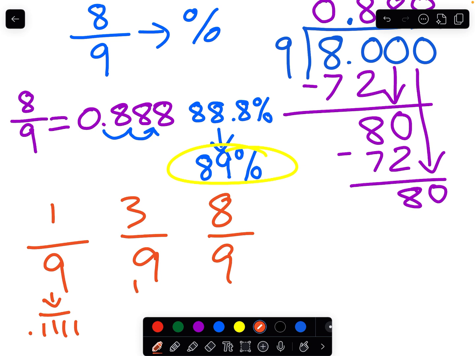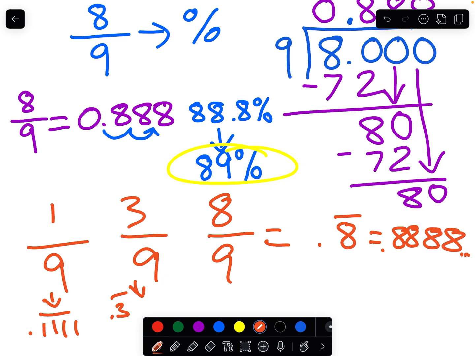So 1/9 would be 0.1 constantly repeating. 3/9 would be 0.3 always repeating. And 8/9 would be 0.8 always repeating, which is also 0.88888, and it keeps going on and on. And this bar at the top just means that it repeats.